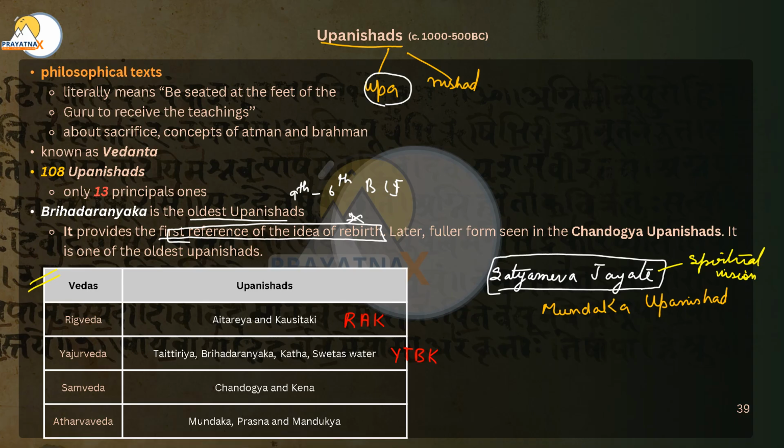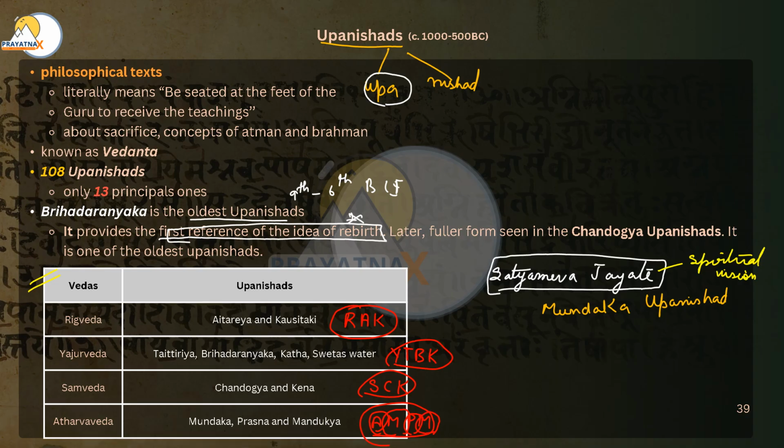Now, for this, it will be SCK, and for this, it will be AMPM. Now, Rak, YTBK, SCK, AMPM. Now, AMPM means Atharvaveda, Mundaka Upanishad, Prashna Upanishad, and Mandukya Upanishad.